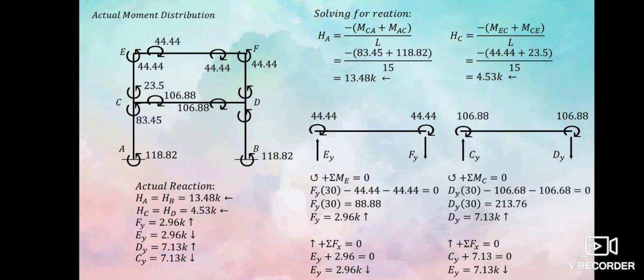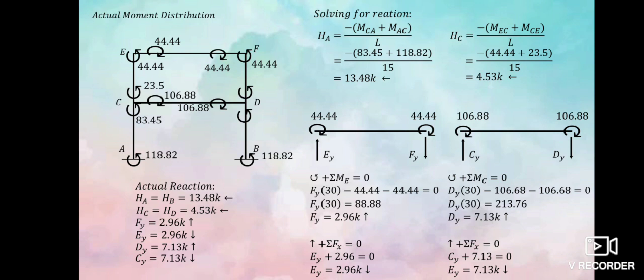That is your actual reaction for A and B. Next is HC equals negative MEC plus MCE over length. You'll have again negative 44.44 plus 23.5 over 15. You'd be getting 4.53. That's for HC and HD.